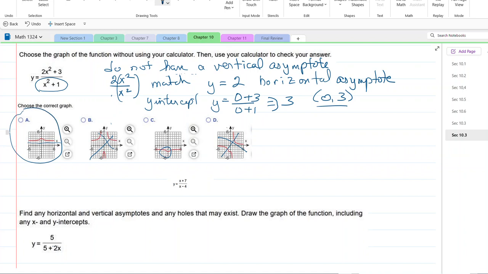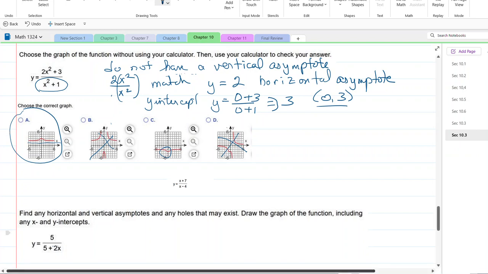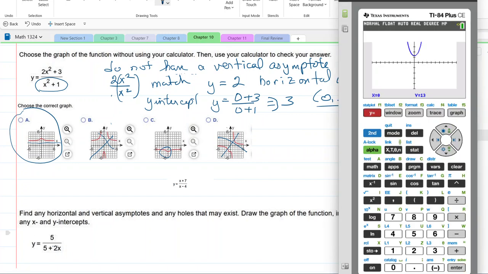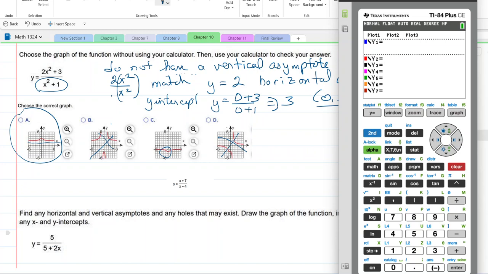But we're going to double verify because I made you buy this calculator. So make sure we got that down. So let's look at our calculator. Ready? y equals, and we're going to learn about entering a rational function. Okay. Let's see on this one.